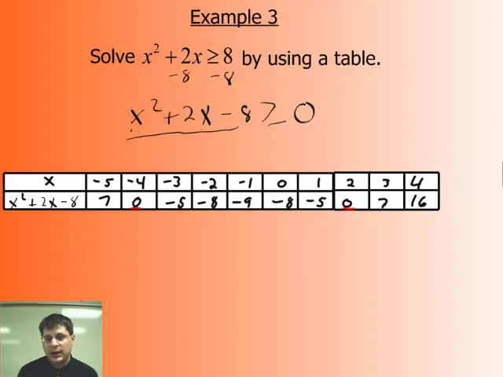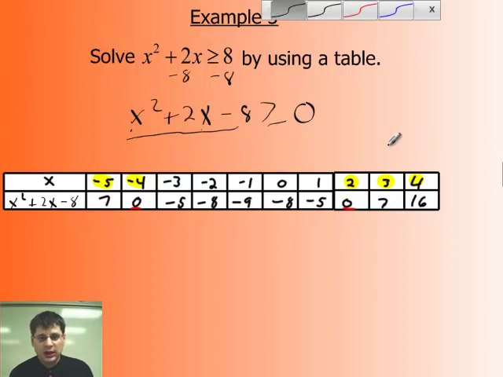So it looks like on this side, my solutions include 2, 3, 4, and anything above that. And on this side, if I substitute -4, I get 0. And if I substitute -5, I get 7, which is a value greater than 0 as well. So -4, -5, -6, and values less than that are going to be solutions.